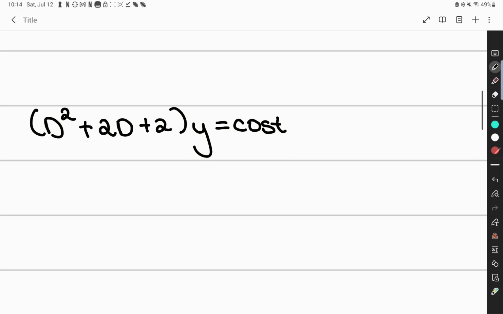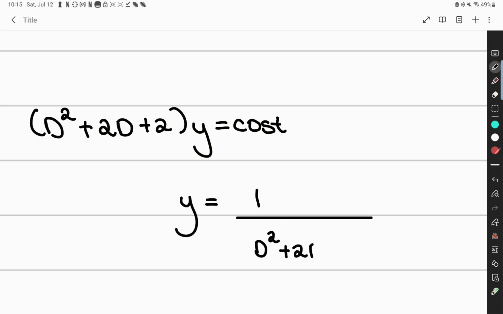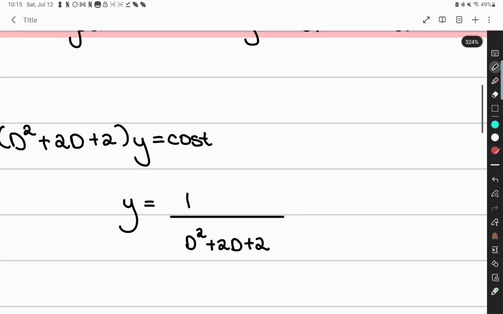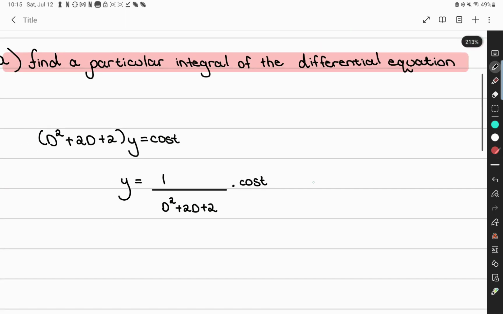So I'm first going to divide by D squared plus 2D plus 2 to get y by itself. So then we get y is equal to 1 over D squared plus 2D plus 2 multiplied by cos t. Now I want to change cos t into another form.